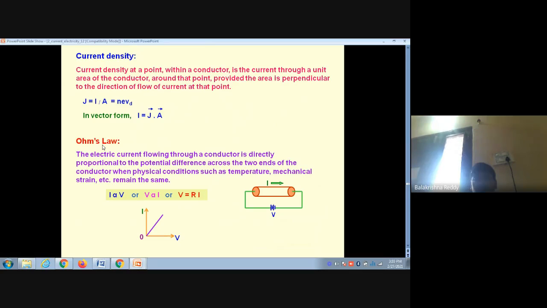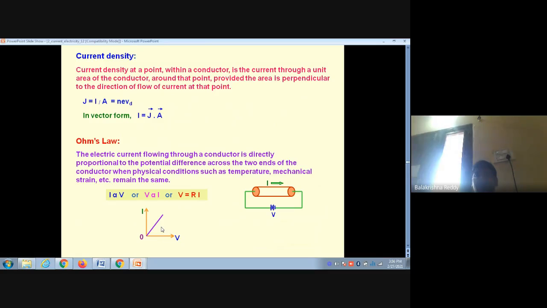Gradually, the way the voltage increases, the current also increases. So the slope we call resistance R. If you draw the graph the opposite way, V versus I instead of I versus V: since this one is I versus V, it is called the conductance graph.